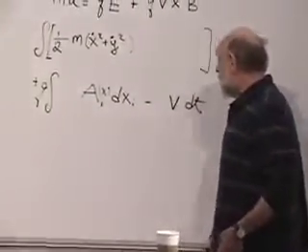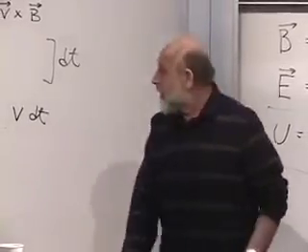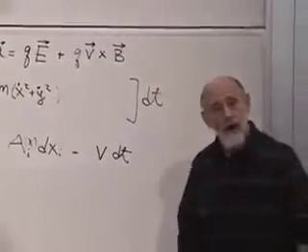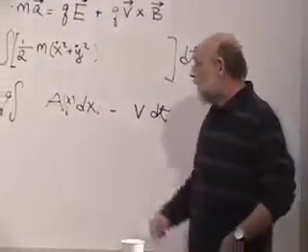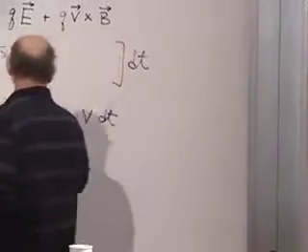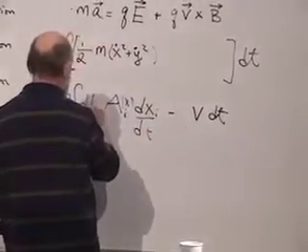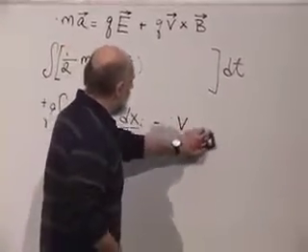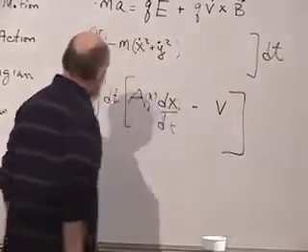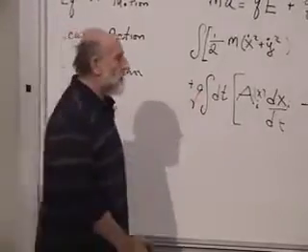A could also depend on time, and so could V, but it does not depend on the velocities. So this is something which depends on position, but it has this odd form of being multiplied by dx sub I. Well, to get it to look more ordinary, just divide by dt and multiply by dt. We can also divide by dt over here. And now we see that the Lagrangian for the particle in the electromagnetic field has the usual form.